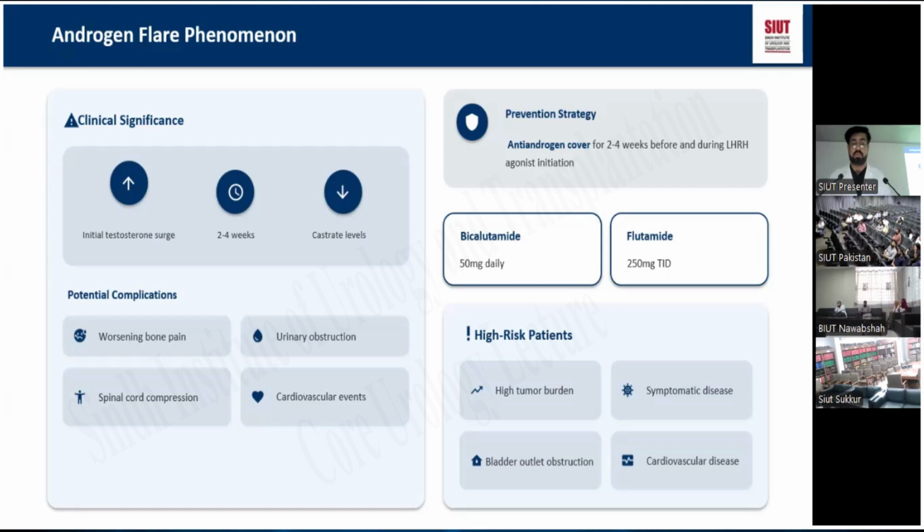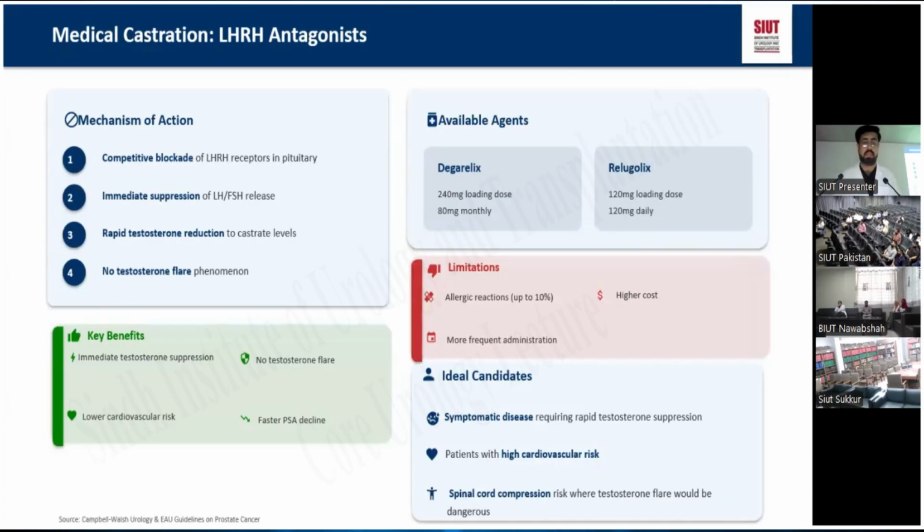The complications may be worsening bone pain, urinary obstruction, spinal cord compression, and cardiovascular events. So the prevention strategy is anti-androgen cover for 2 to 4 weeks before and during LHRH agonist initiation. High-risk patients are those with high tumor burden, symptomatic disease, bladder outlet obstruction, and cardiovascular disease.